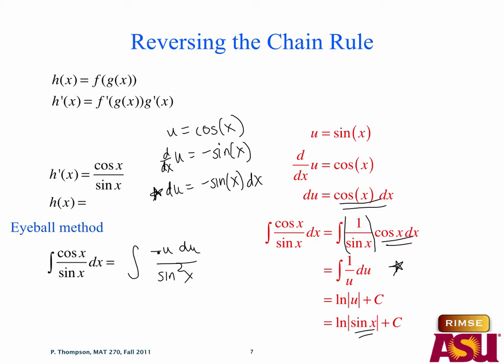So then I'd have to figure out how to rewrite this sine squared x in terms of u. Shoot, that would be like negative u over 1 minus u squared. That's gross. We did not make this prettier, right? We made this way uglier.